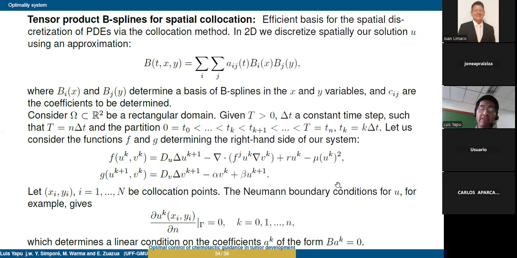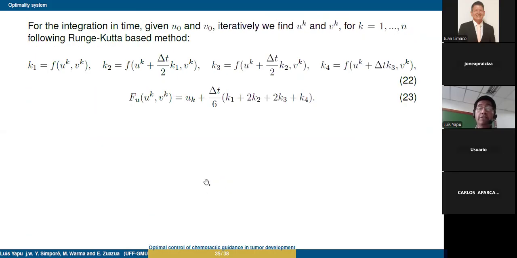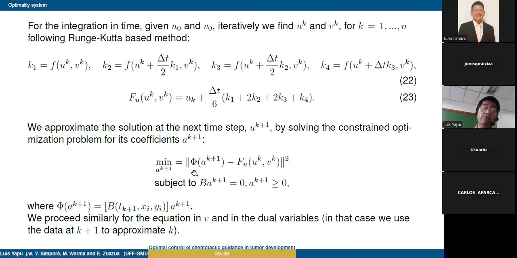The coefficients A will give the solution U, and the coefficients B. So we will iterate, we will minimize a problem, and we will find a minimizer A. Those coefficients will define the solution U. And we will do the same, we will minimize some function B, and it will give the coefficients, and we will define the solution B. So this is the method. That is why we use splines.